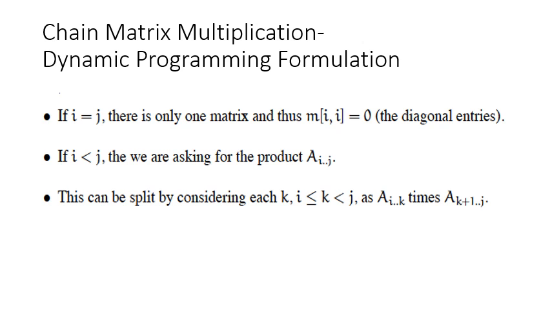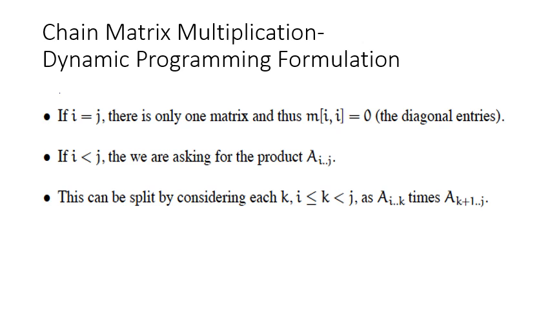So we have the following recursive formula. If we have a single matrix, then the cost of multiplying that matrix would be 0, and if we have more than one matrix, then the cost of multiplying the matrices from i to j would be the minimum of m of i to k plus m of k plus 1 to j plus this product of dimensions p of i minus 1, p of k and p of j.